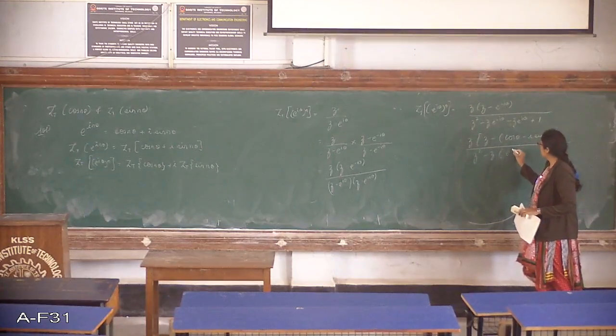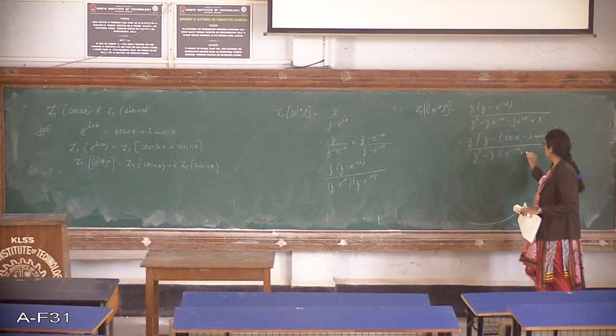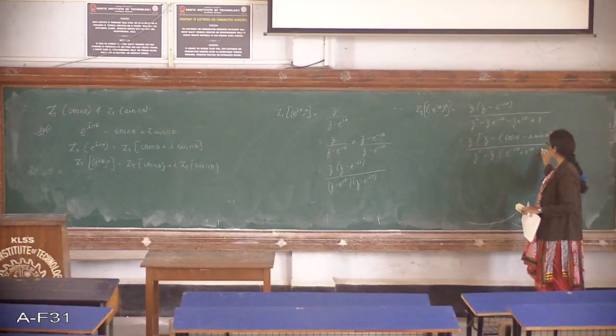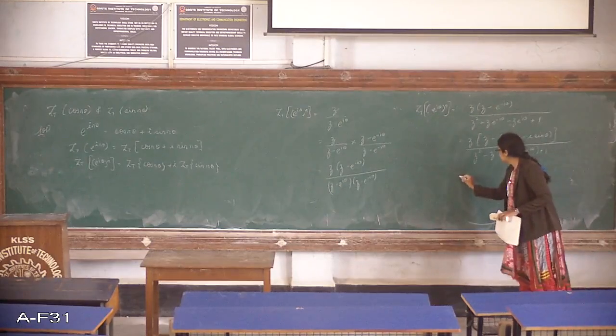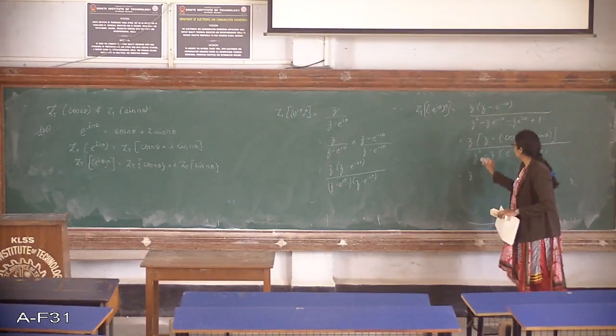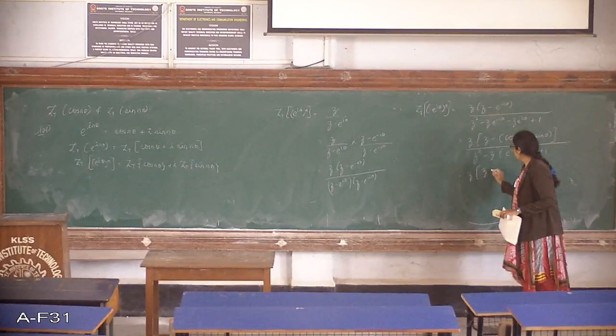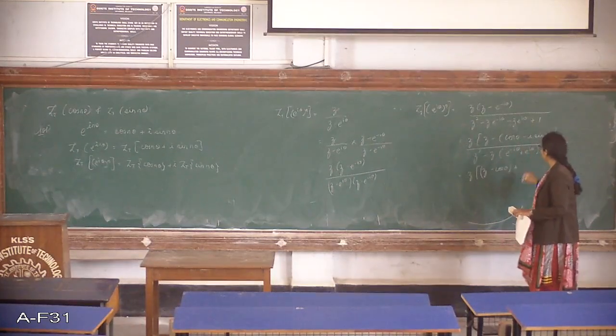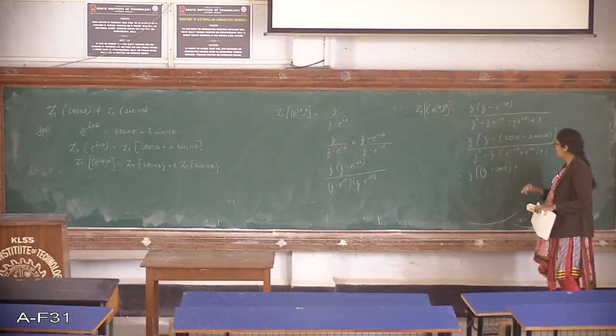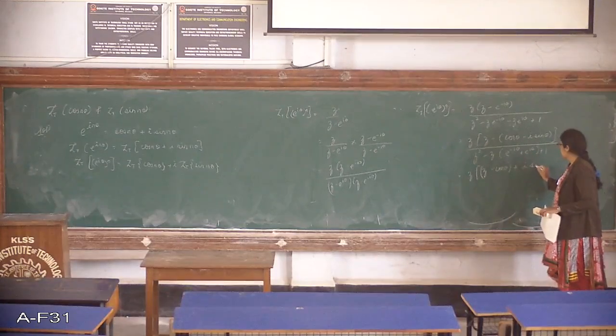I'll be left with e raised to minus I theta plus e raised to plus I theta plus 1. So simplifying this further, this will be z times z minus cos theta plus minus into minus a plus I sin theta.